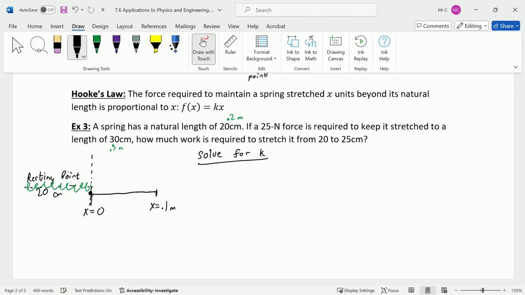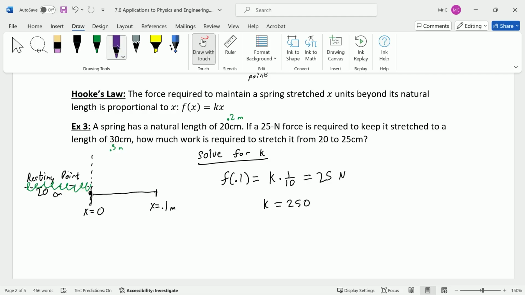So x is 0.1. In other words, f of 0.1, which is k times 0.1, or 1/10, should be equal to 25 newtons. So solve for k, multiply the 10 across, I get k equals 250.